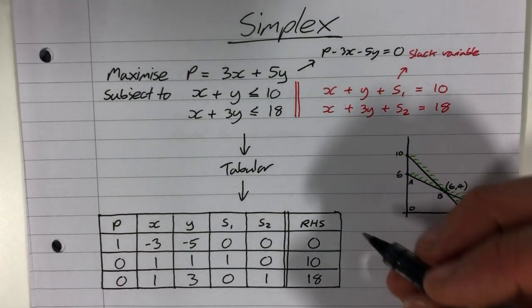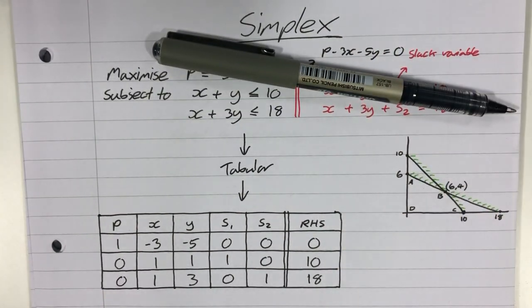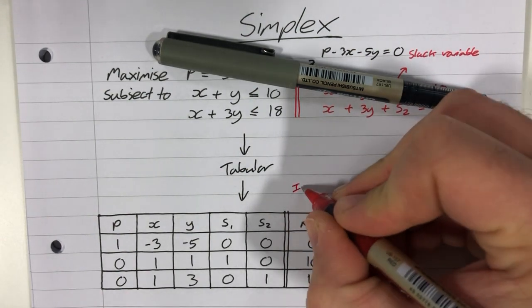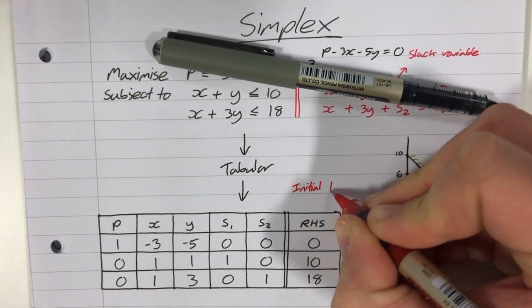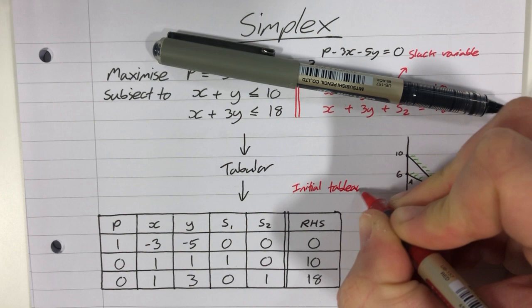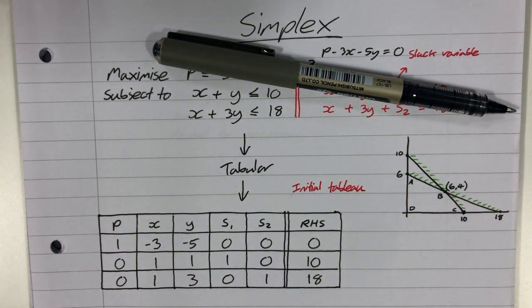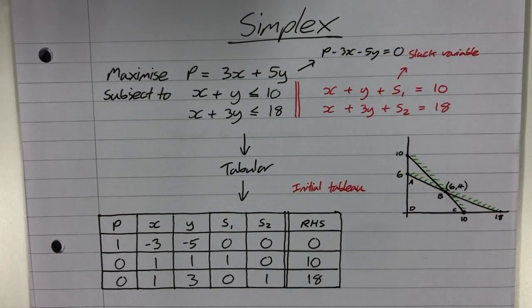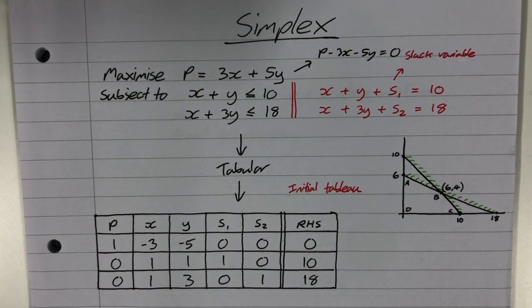So that is what is called my initial Tableau. That's the Tableau you start with before you complete any iterations of the simplex algorithm.